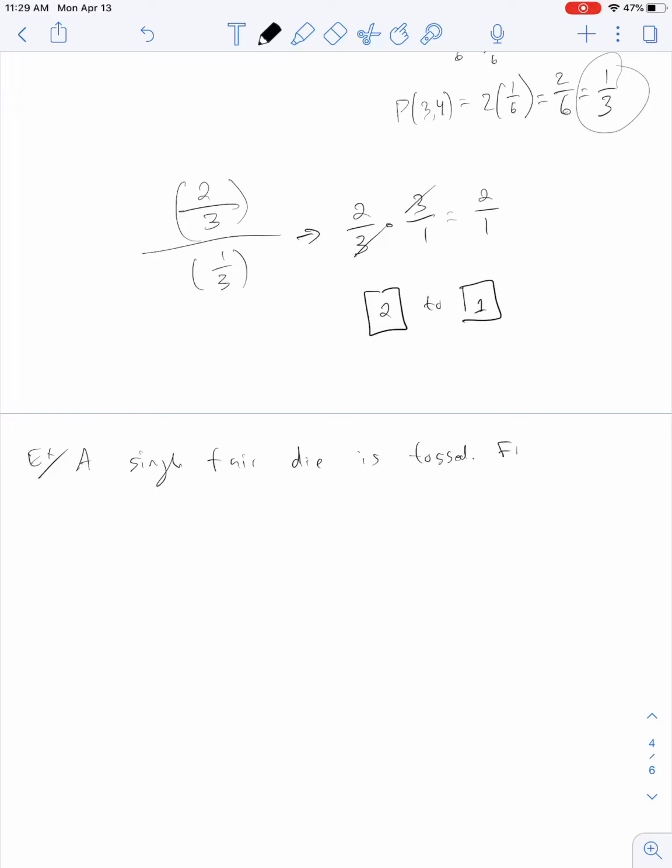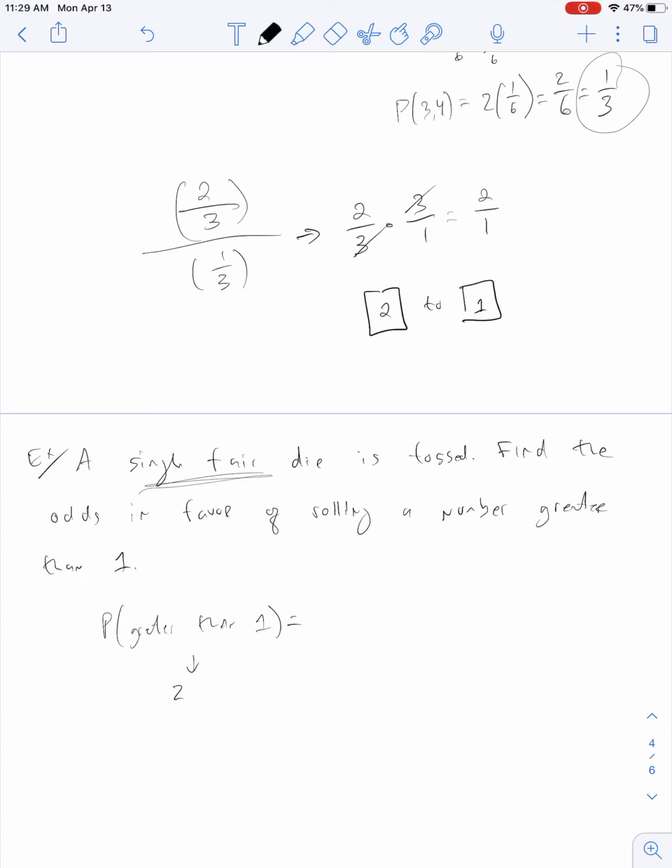A single fair die is tossed. Find the odds in favor of rolling a number greater than 1. So once again, it's just one die, right? So the probability of it being greater than 1, well, which numbers are greater than 1?